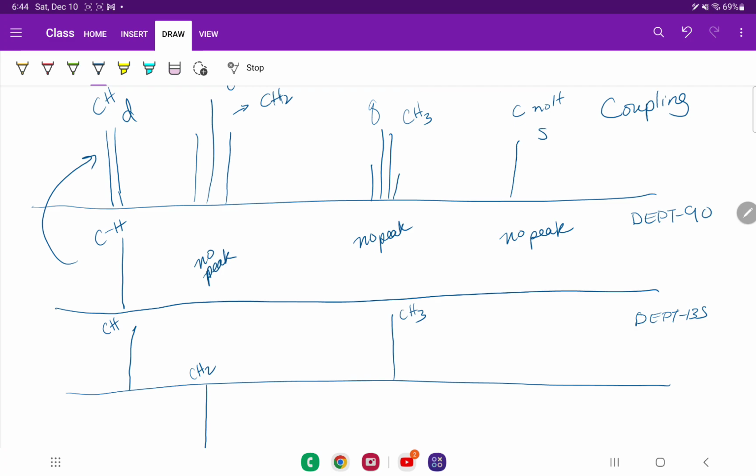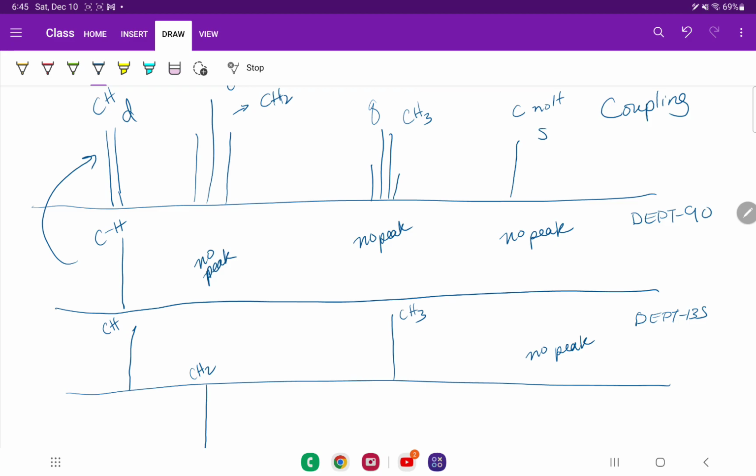And for a carbon with no hydrogens, you'll see no peak. So why run DEPT 90 and 135? It can help us figure out what some of the signals are, especially if they're close and very similar to each other in terms of environment. Sometimes that's helpful. I'm going to say not sometimes, all the time, in real life, that is.